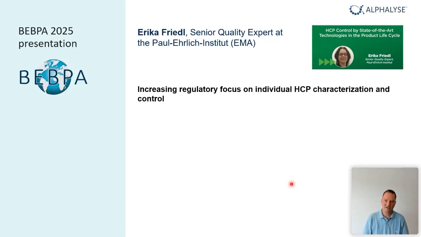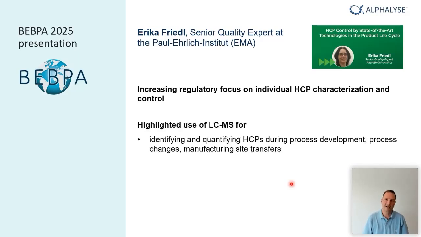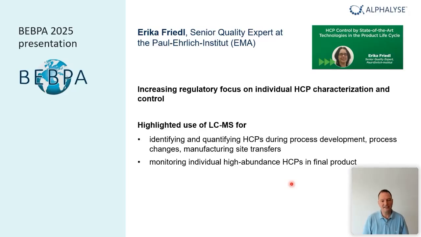Individual HCP characterization means you have to use mass spectrometry to identify the HCPs. Otherwise, you can't know the individuals. She highlighted the use of LC-MS for identifying and quantifying HCPs during process development, process changes, and also manufacturing site transfers. Monitoring of individual high abundant HCPs in the final product is also a focus.